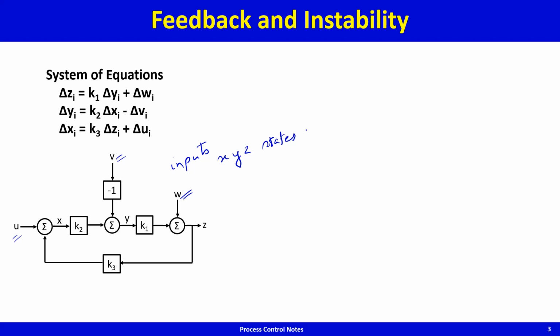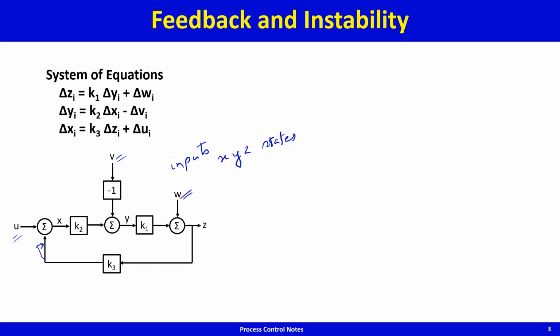And the way we are going to think about this block diagram is, you give an input change and wait for some time for the system to settle at its final value, and once it has settled, the input is applied again.